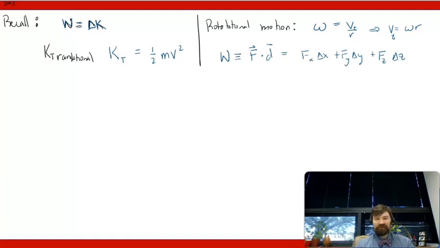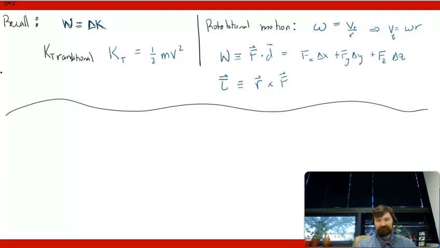And maybe we could also define, just for the fun of it, torque, which is r cross F. So it's quite a few things that are built up in the back of our minds to discuss this. So where are we going with all this?